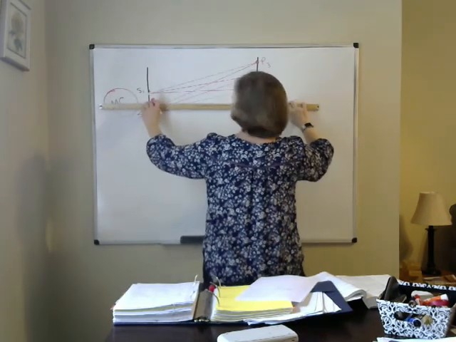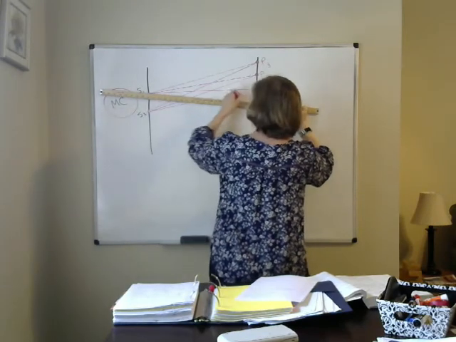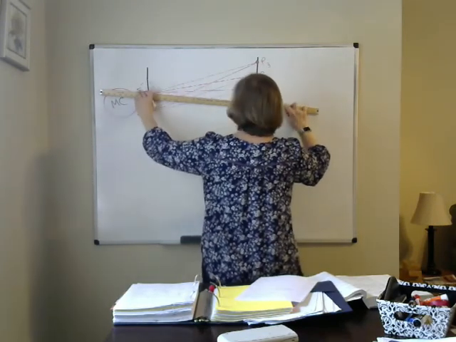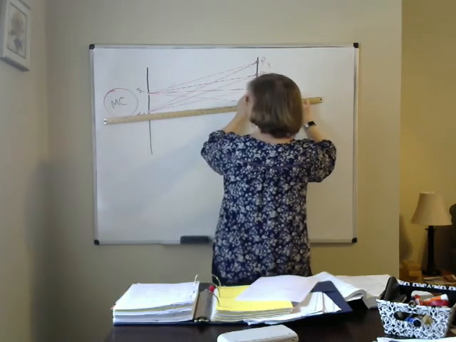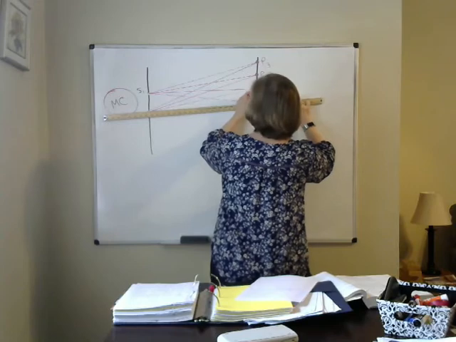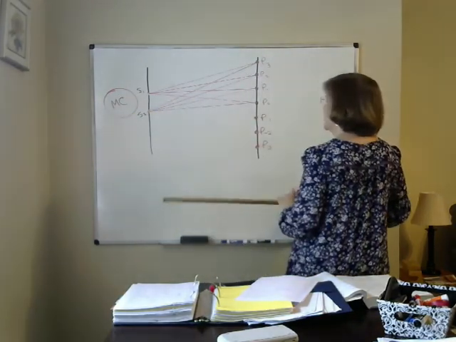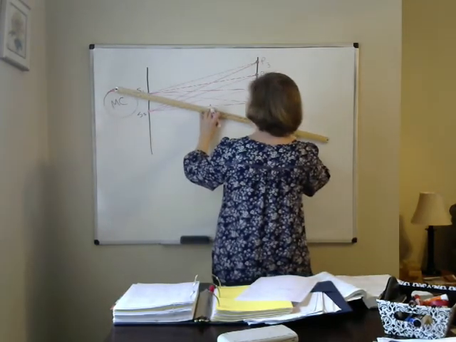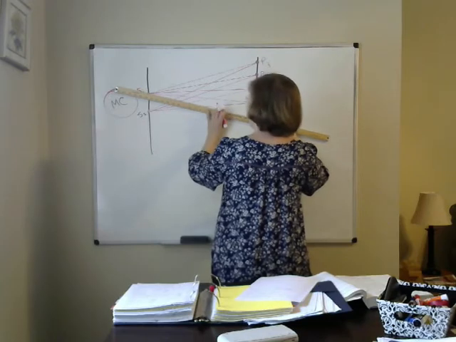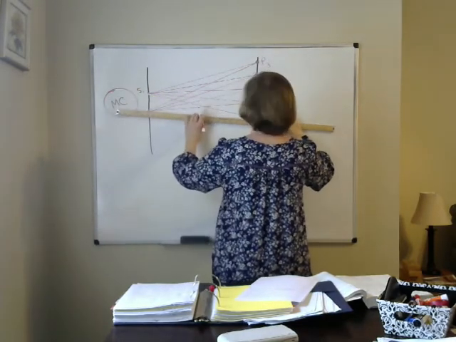And of course, the central one occurs when they don't differ by any. They're each traveling the exact same number of wavelengths. If we can keep right on going, and you can see how these patterns will continue. Again, if this one is longer by 1 wavelength, we get another bright spot.